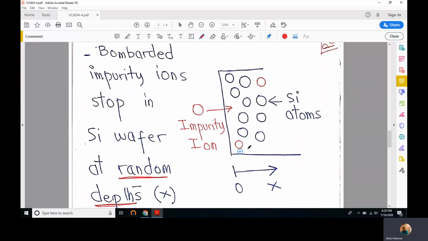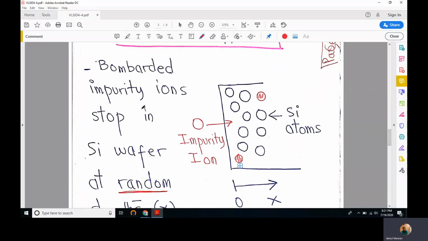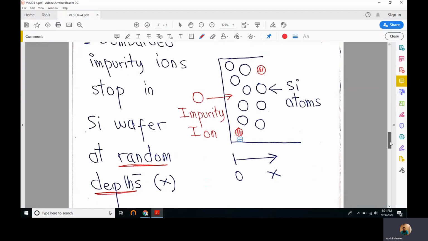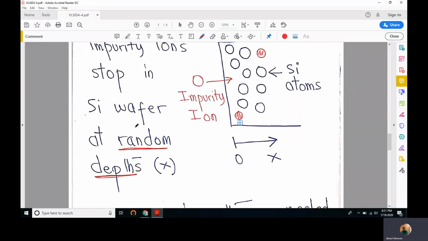So the stopping distance, the distance at which they stop, also differs. Some stop here, some stop in the middle, some penetrate very, very deep in the silicon wafer. So these bombarded impurity ions stop in the silicon wafer at random depths. Some stop earlier, some penetrate more than others.